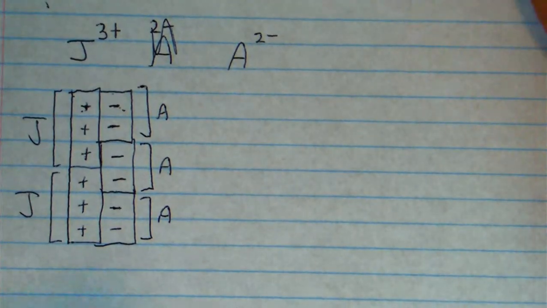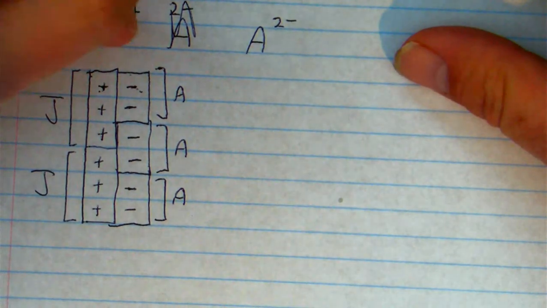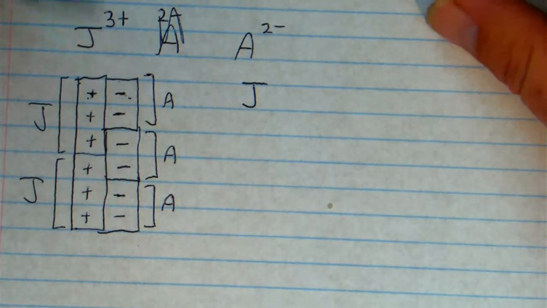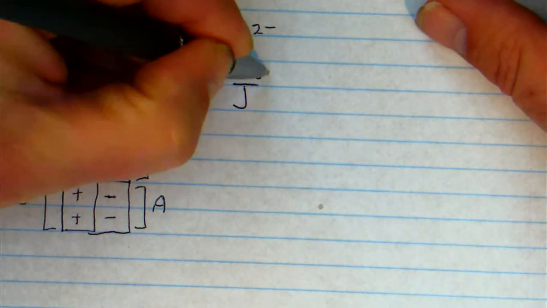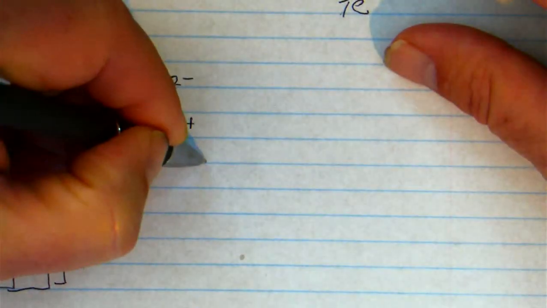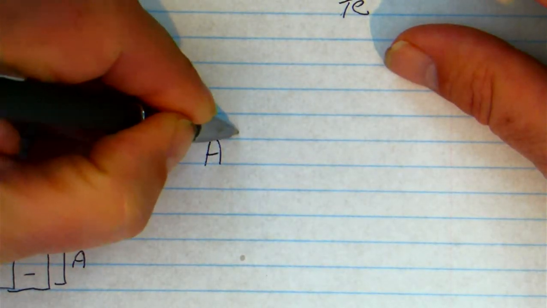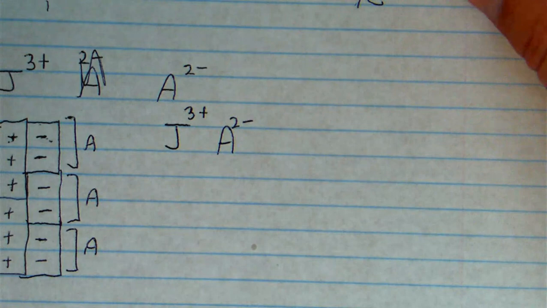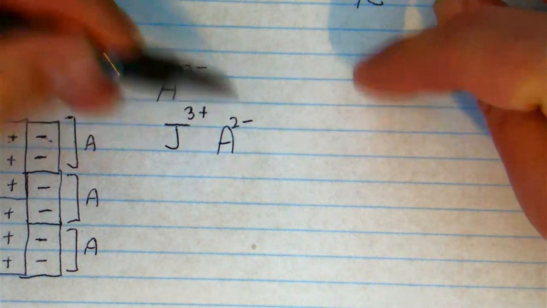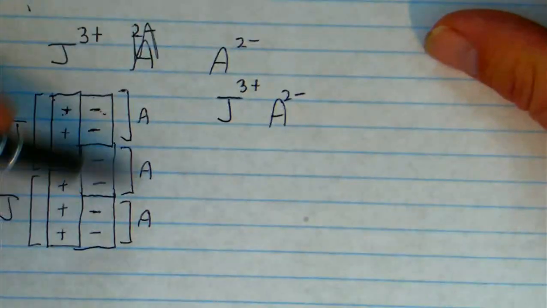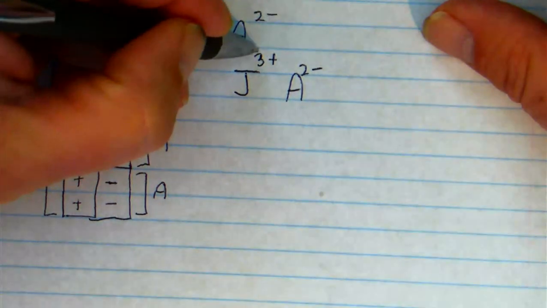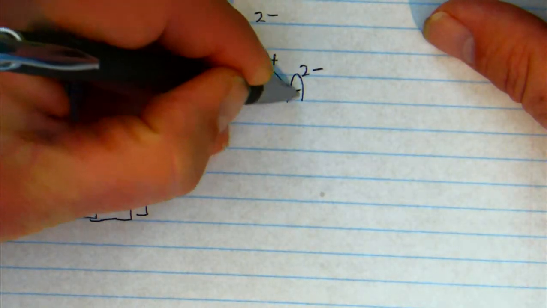Now, here's a shortcut that I'm going to refer to for the rest of your lives. It's crisscross. If I write Giselle as a 3+ cation, and I write Amber as a 2- anion, and always cation first, anion second, positive first, negative second, to work out a neutral molecule, the numbers will always end up being a crisscross.